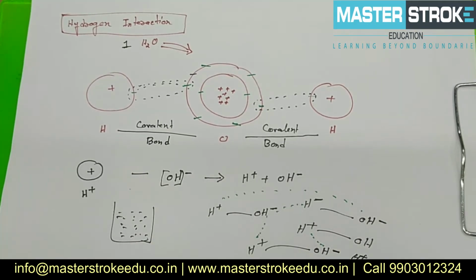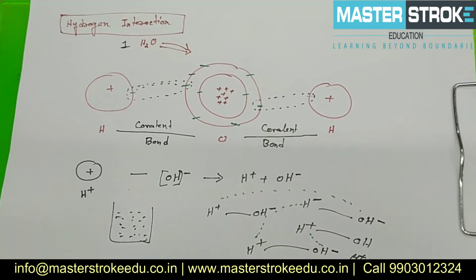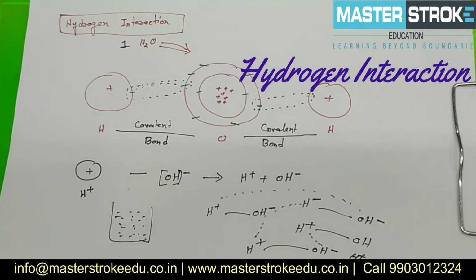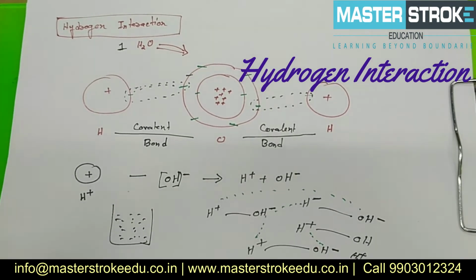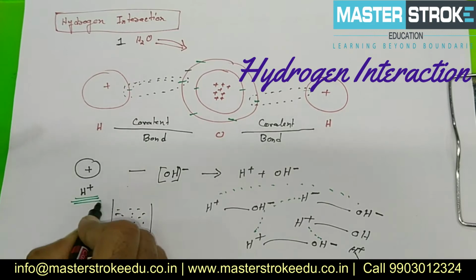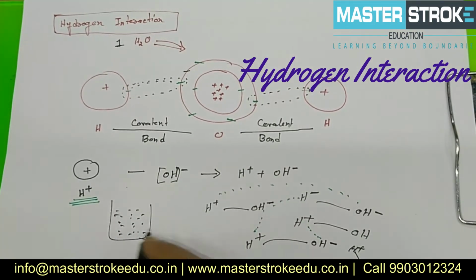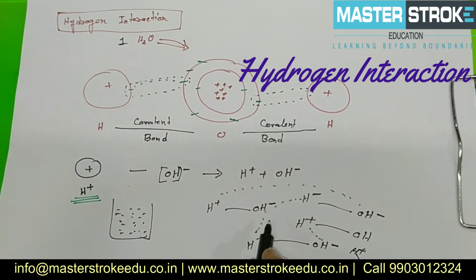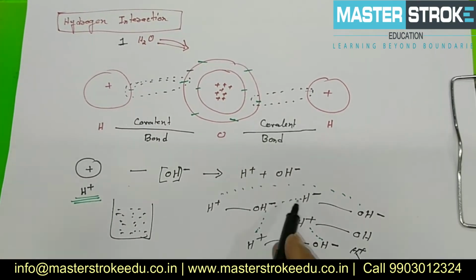This type of interaction between the H plus and OH minus ions of different water molecules present in very close proximity is known as the hydrogen interaction, because this hydrogen ion, or proton, is actually responsible for such interaction. So this is known as the hydrogen interaction.